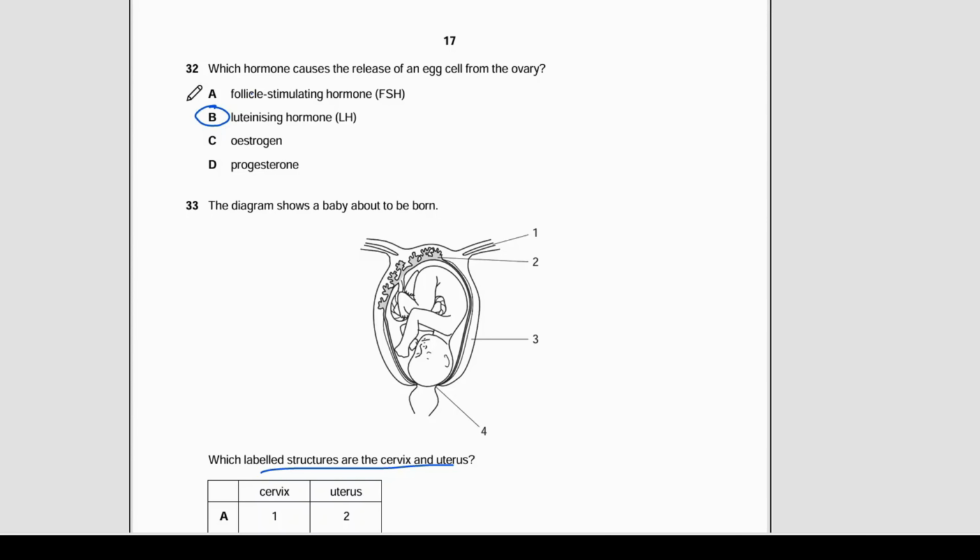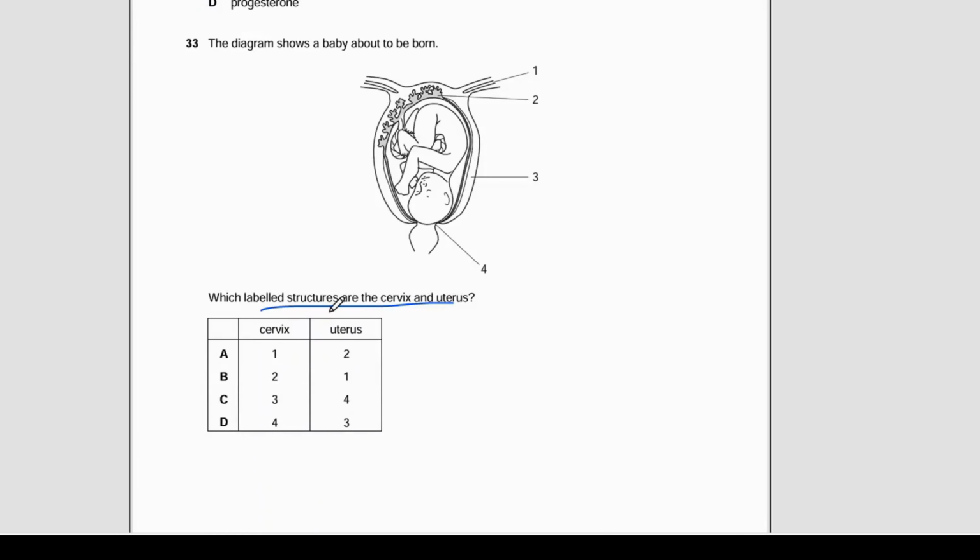FSH would be in the earlier days, and luteinizing hormone develops after the 10 days basically. So yes, we can say it's second week. Exactly, progesterone would be high, exactly after 14 days, most of the time.